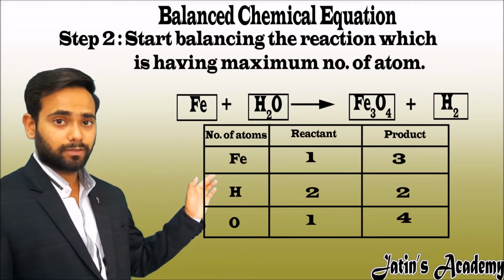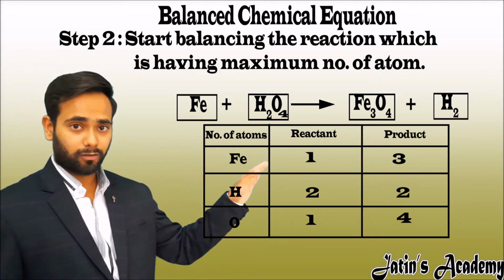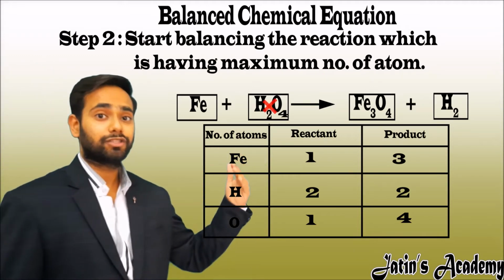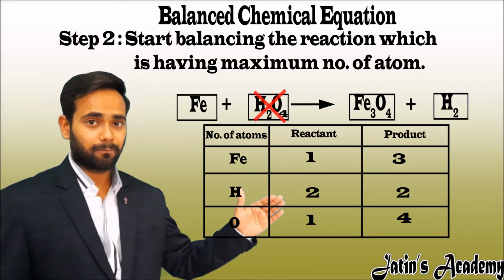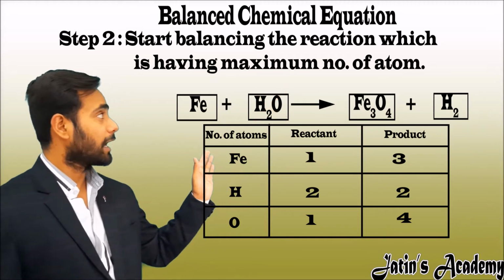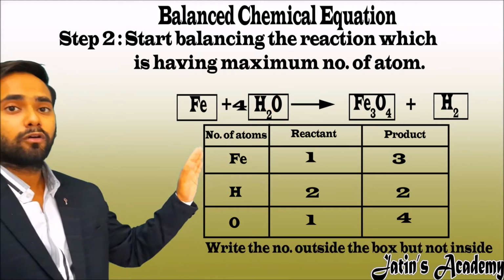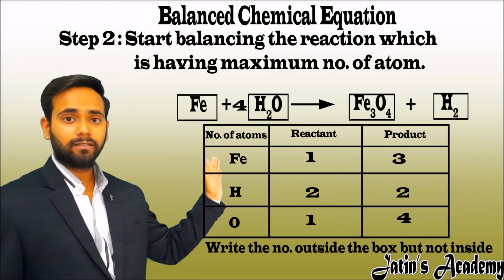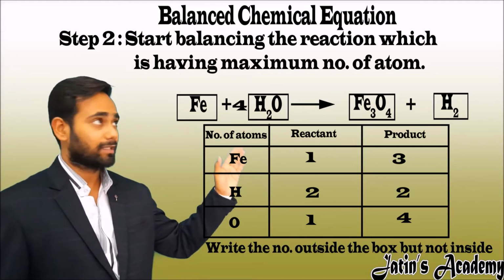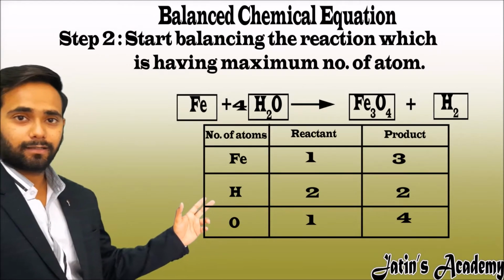Because some students write the 4 as a subscript of the oxygen, which will change the formula of the chemical compound, and this is not possible in chemistry. So we have to write the number before the compound. For the sake of simplicity, we make the box like this. Now you understand the concept.